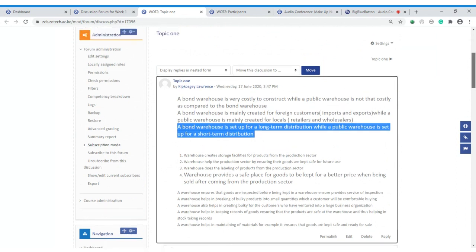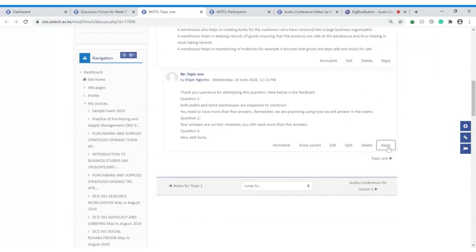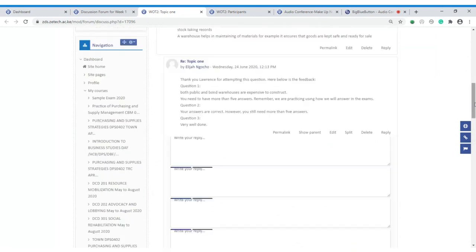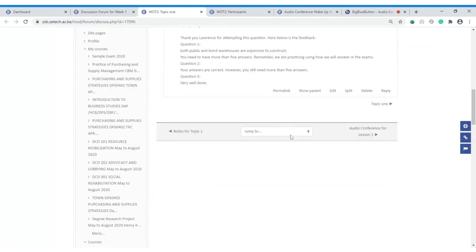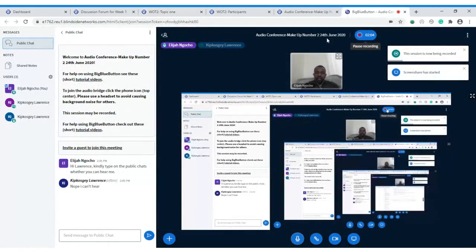Let me just remind you quickly what a bond warehouse is by simply typing here. A bond warehouse is that type of warehouse where, more often than not, you're using them at the port. Imagine a warehouse near the port of Kenya.